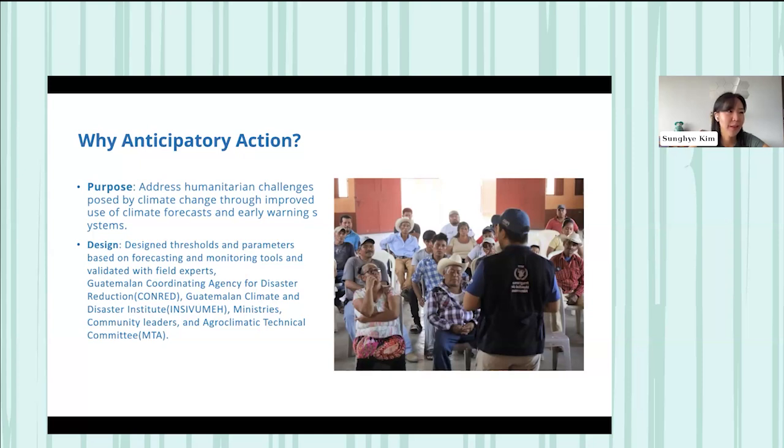Lastly, together, we came up with specific levels and factors to watch out for, so we know when it's time to take action and help communities before drought hits.